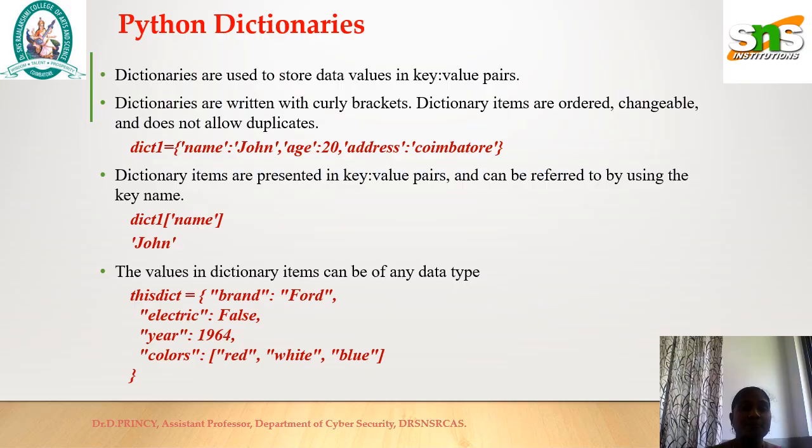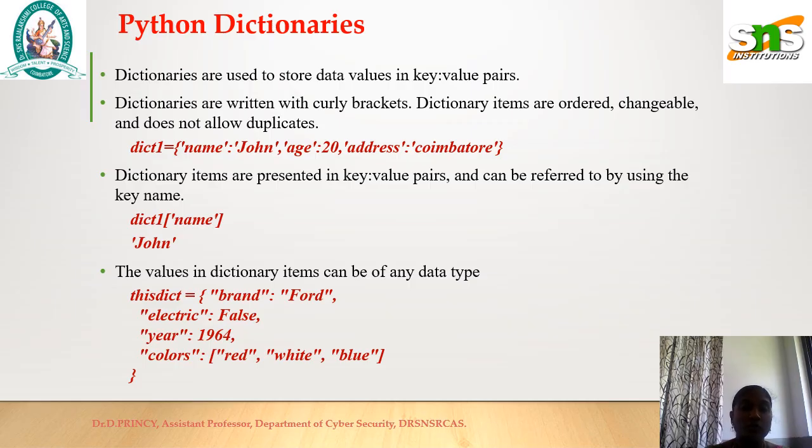Python dictionaries. A dictionary is also used to store data values in the format called key value pair. It has two parts. The left side part is the key and the right side part is the value. Both should be separated with a colon. This is an example dictionary. It uses curly braces. When you are assigning elements to the dictionary, we use curly braces. A dictionary is also ordered, changeable, and does not allow duplicate values.